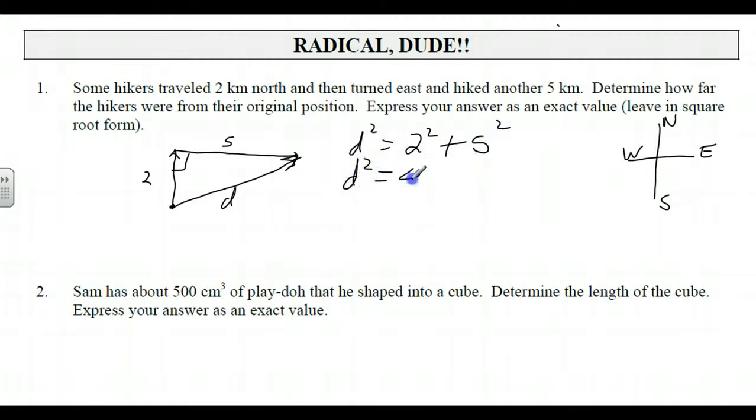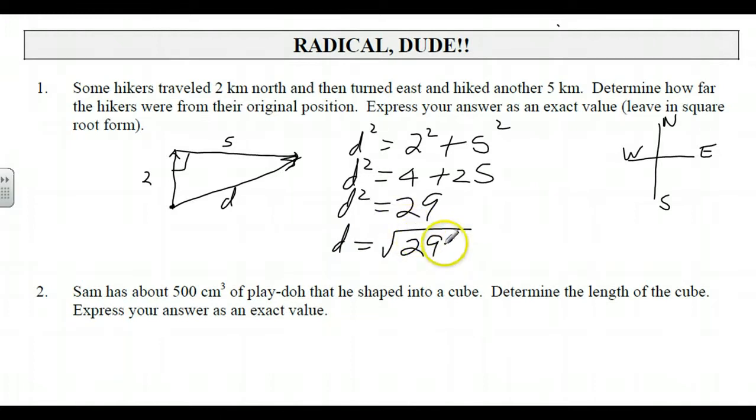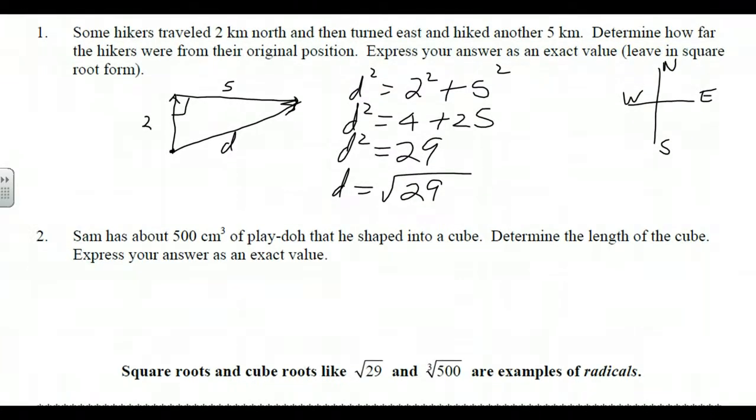D squared is 4 plus 25. D squared is 29, and so we unsquare using the square root, and we get d is the square root of 29, which is an exact value, square root form, and you remember that from measurement.